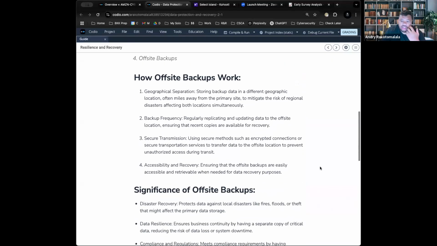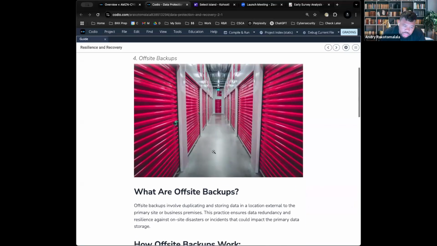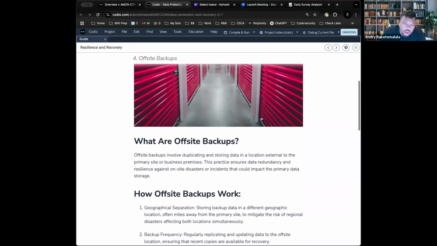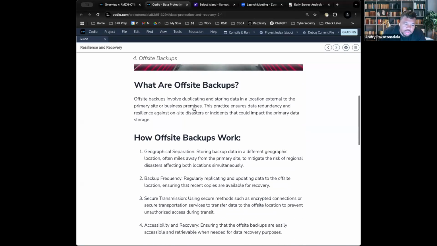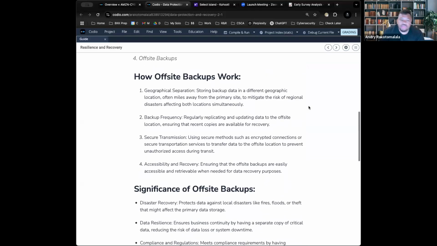So how does it work? Well, there are four different ways that offsite backups can work. One of them is geographically separated. That's why they show you a storage unit here. You can store all of your data in one storage unit or something that is geographically away from where you currently are. Remember those four buildings I told you about when it comes to Intuit? That can also be geographical.